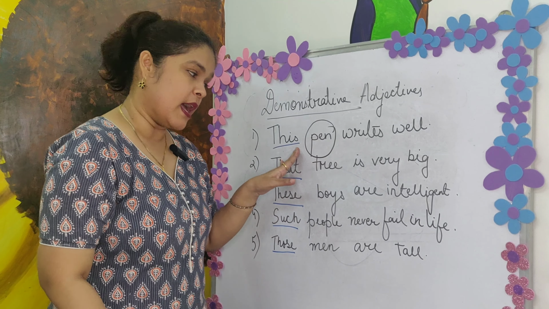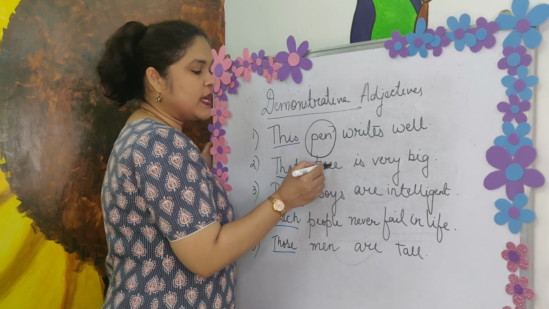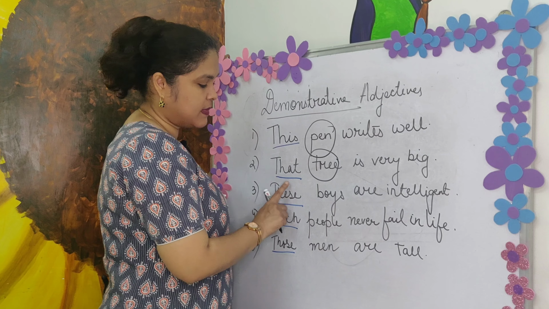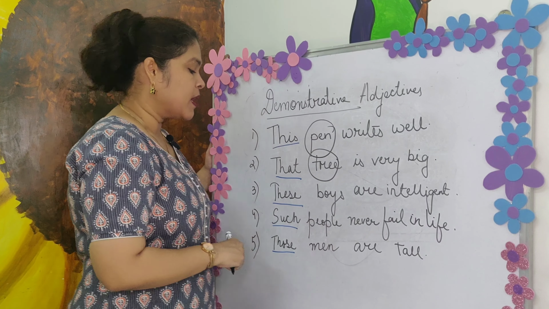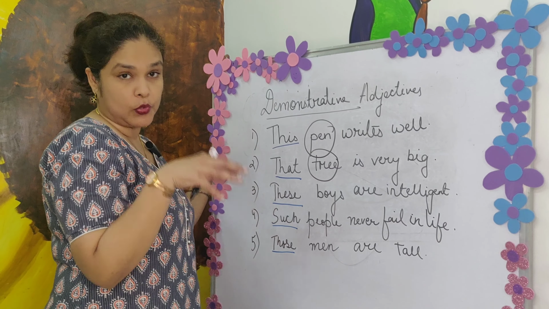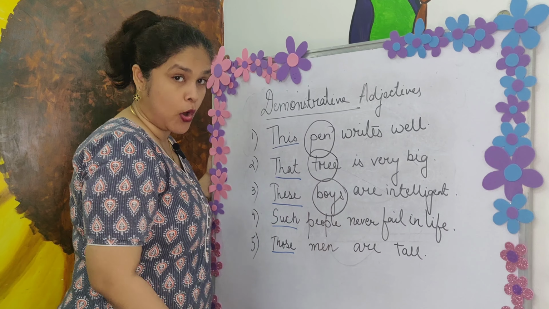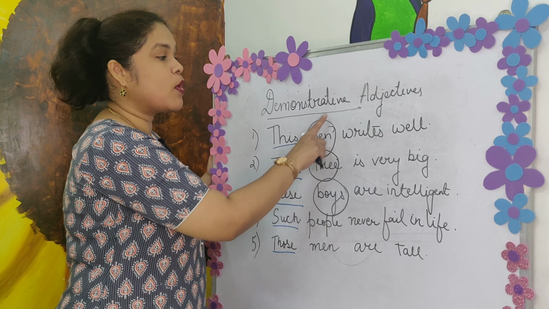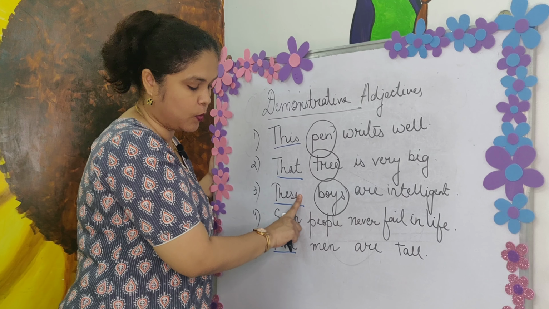That tree is very big. Again, tree is the noun and that is placed just before the noun tree. These boys are intelligent. We are talking about a group of boys who are intelligent. So the noun is boys, and the demonstrative adjective, these, is just before the noun.